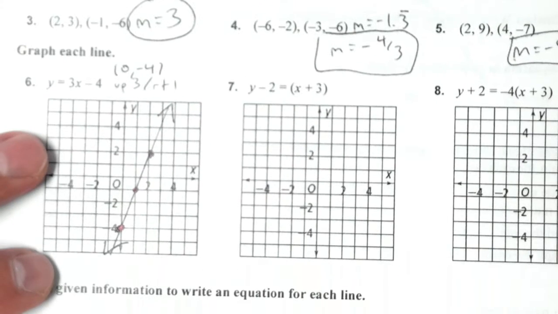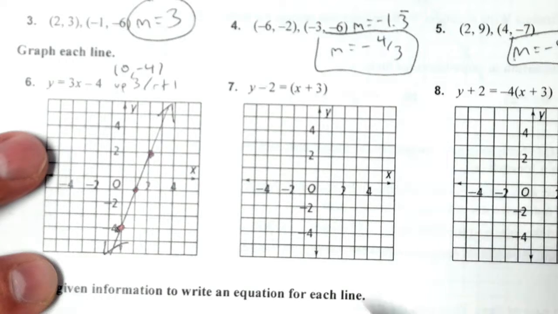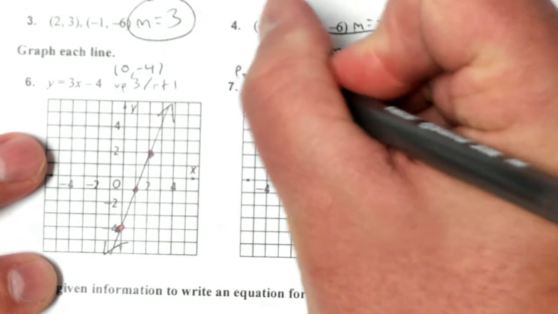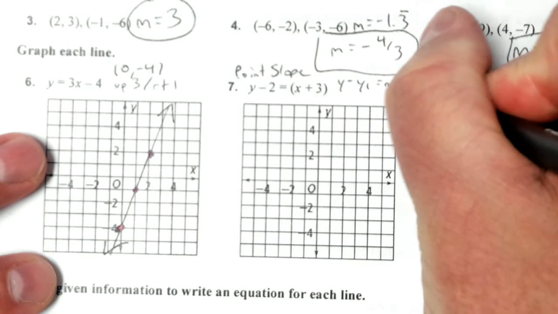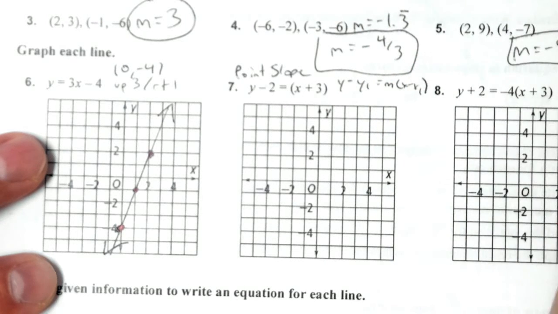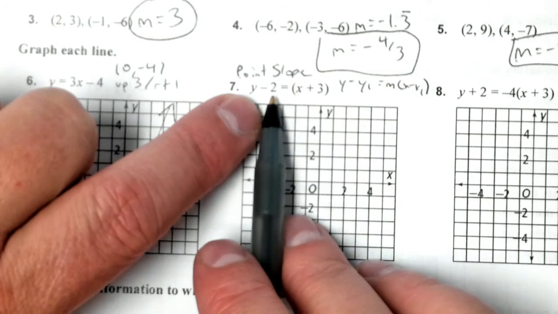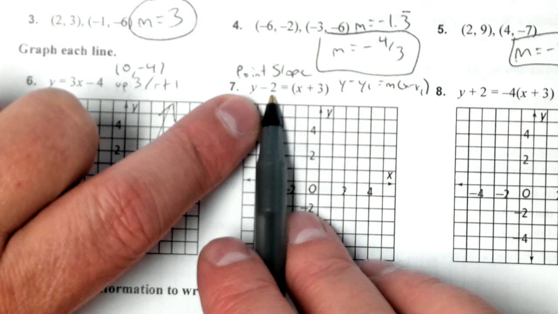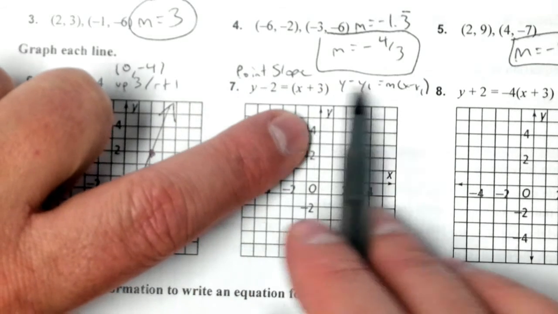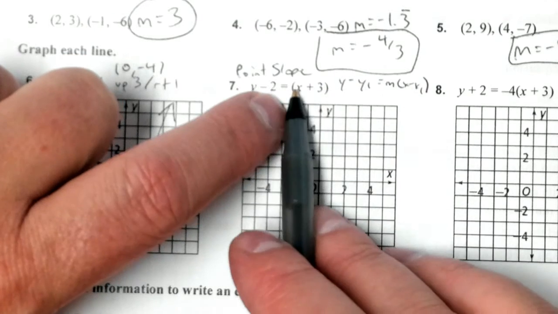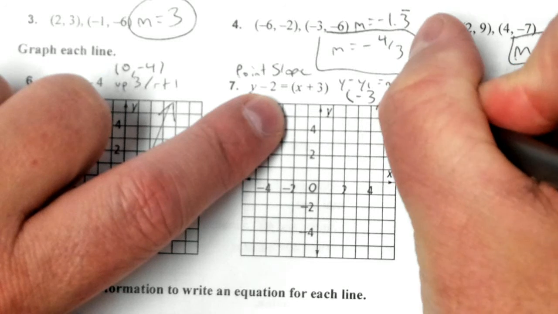Okay, now on this one, this is in point slope form, which is y minus y1 equal m times x minus x1. So what that means is if you see a negative, it's really positive because it's the opposite of what you think. So this one, you got x minus x1, and so we've got to make this as a -3, comma, +2.